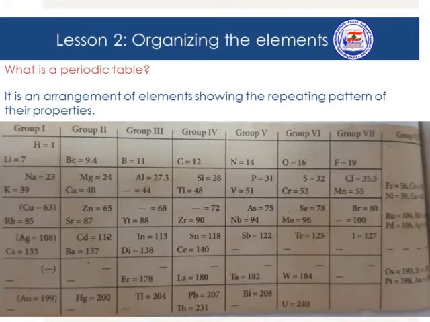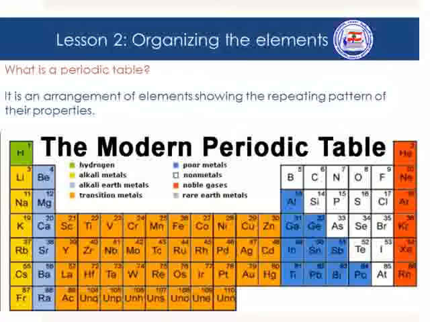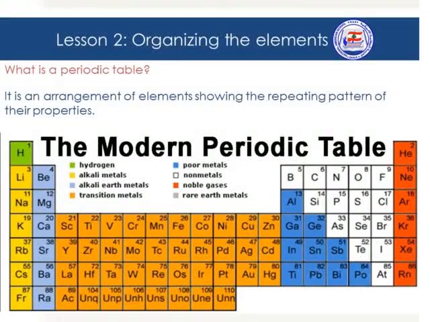So the periodic table that we study today is based on the arrangement of elements by their increasing number of protons, or what we call atomic number. Now, instead of having the periodic table that you were looking at, which is Mendeleev's periodic table, nowadays we have this modern periodic table where the elements are arranged based on the number of protons and not the atomic mass.